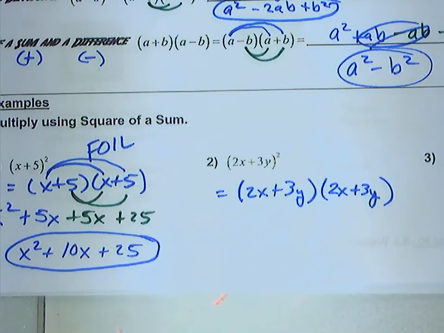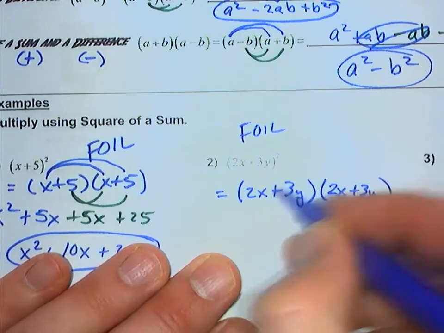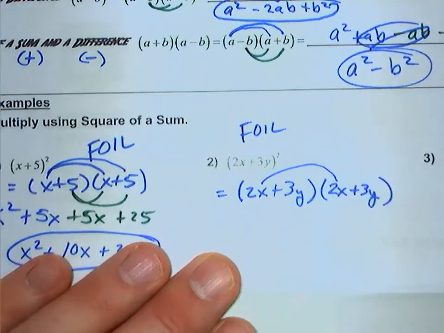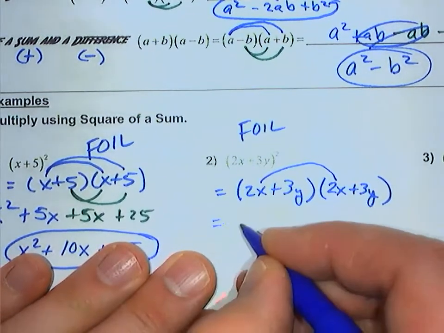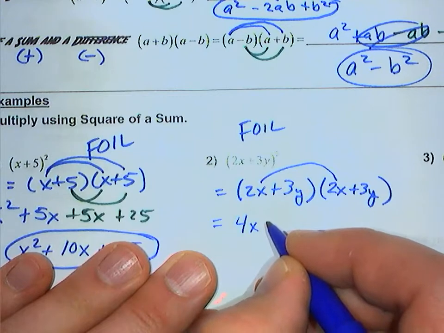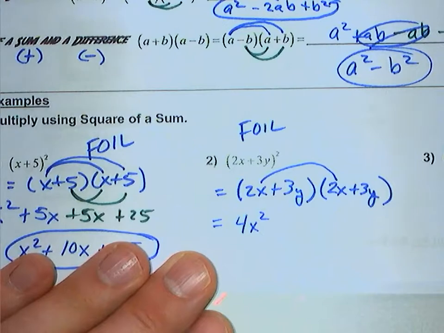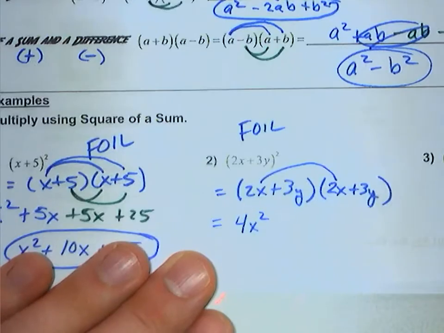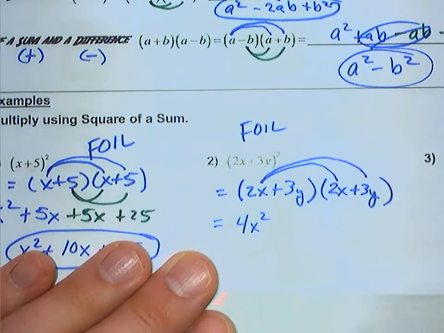The nice thing about this section, guys, it's great practice from the last section, right? So let's do our FOIL: first, outers, inners, last. Let's take 2x times 2x. London, what do you get here? What's 2x times 2x? 4x. X times x? Yeah, yep. So 2 times 2 is 4, and x times x is x squared, so 4x squared. Outers. Morgan, what is 2x times 3y?